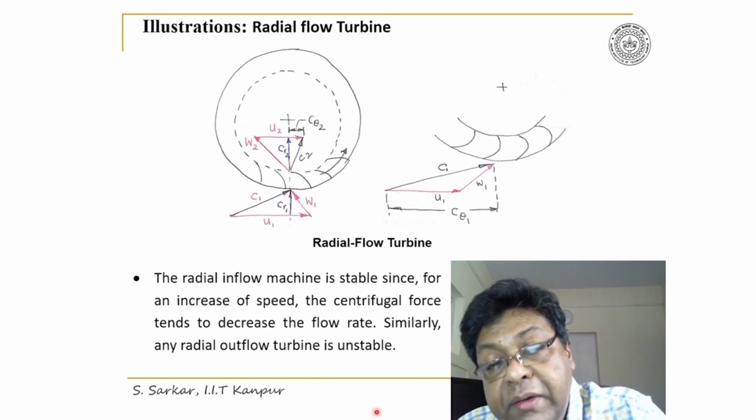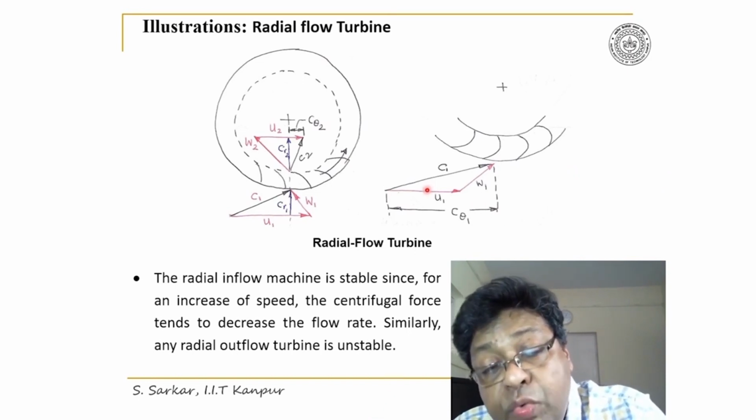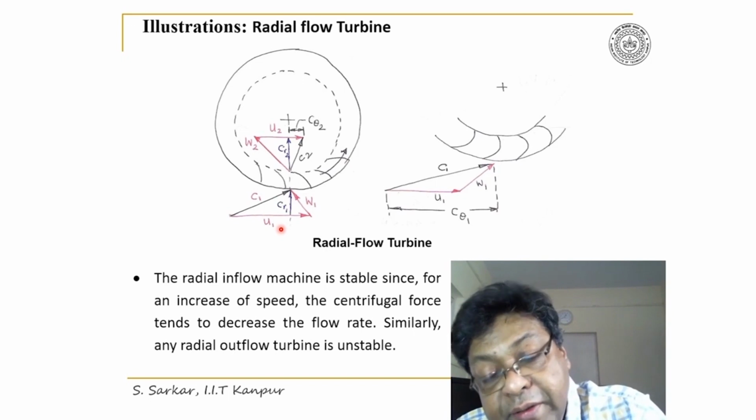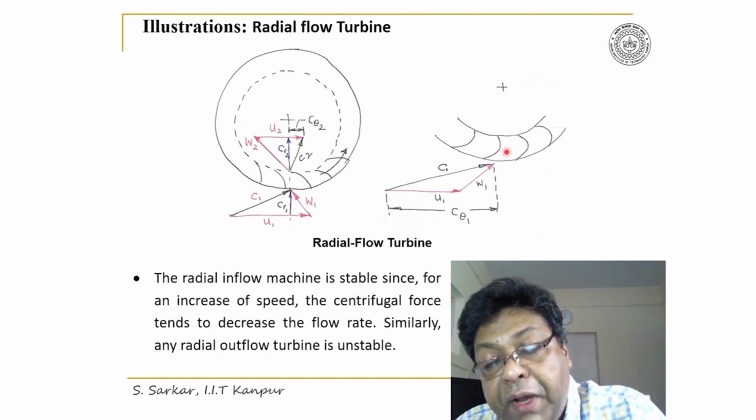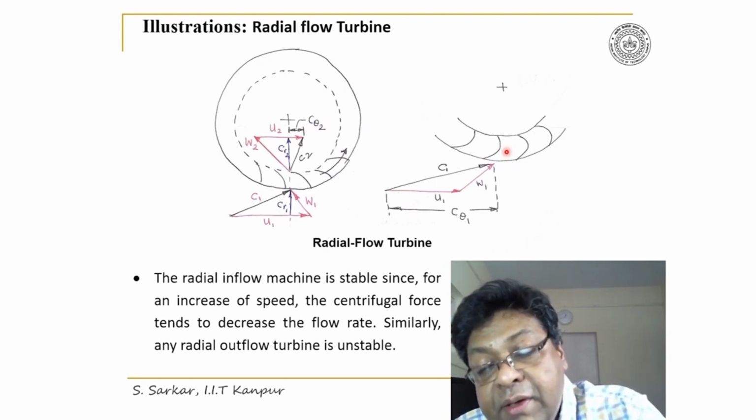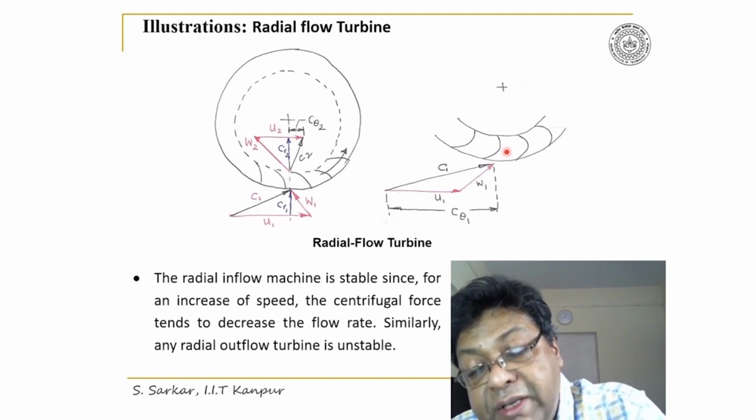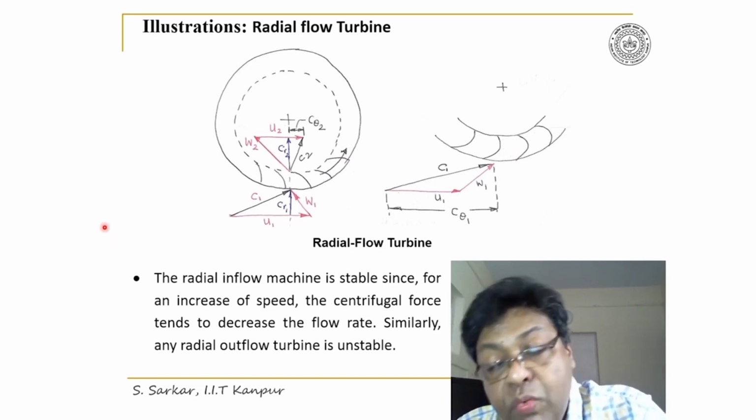So look here, C theta 1 is much larger than for a backward curve machine. So obviously forward curve impeller will be associated with more work transfer than a backward curve impeller.